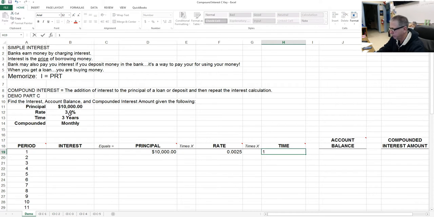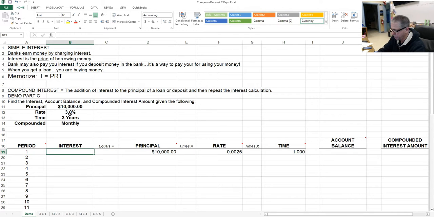And for the amount of time, because we converted our interest rate to a monthly rate, we can go ahead and multiply it times 1 year. Now we can do some calculations here. The first thing to do is calculate the interest for 1 month: principal times rate times time. $25 for the first month.